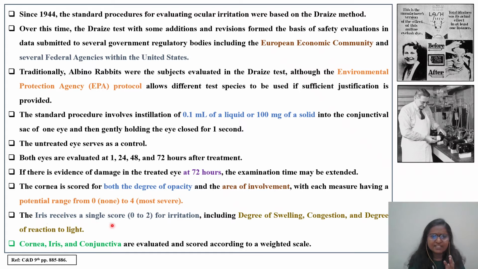The iris receives a single score of 0 to 2 for irritation, including swelling, congestion, and degree of reaction to light. Cornea, iris, and conjunctiva are evaluated and scored according to the weighted scale. So this is the important point that you have to remember. I have directly taken this from the Klaassen textbook. You can go back and read in the textbook also, or you just take a screenshot of this particular thing and remember. That will be useful for your exam.